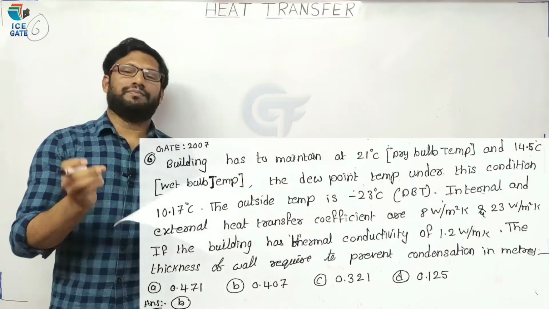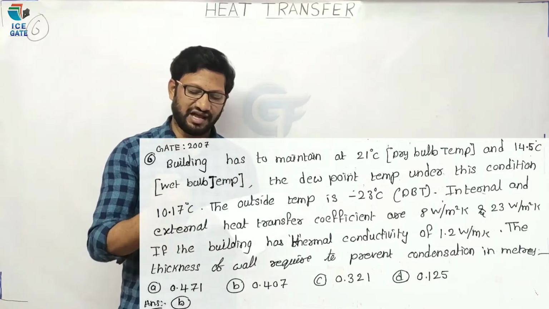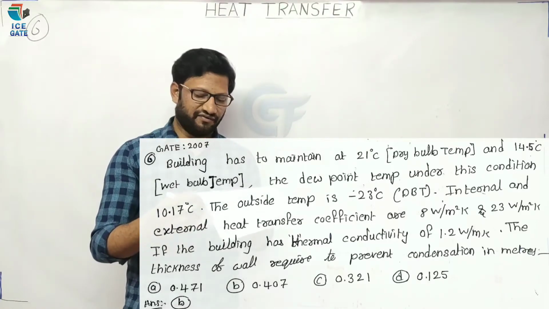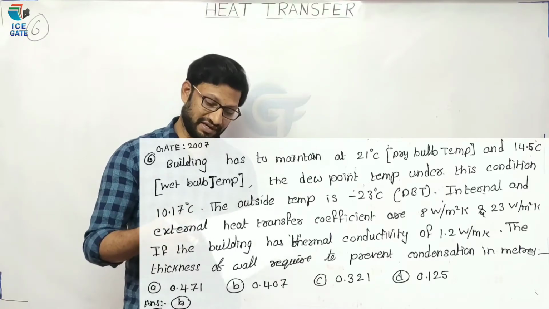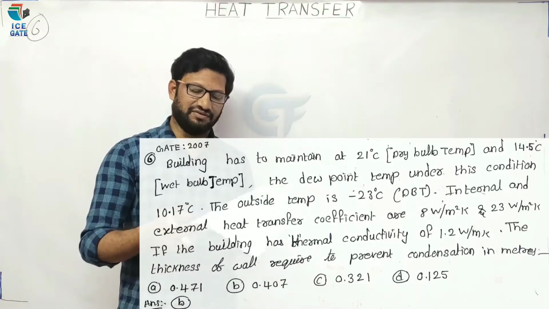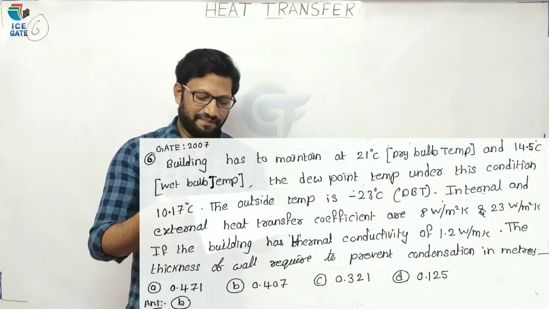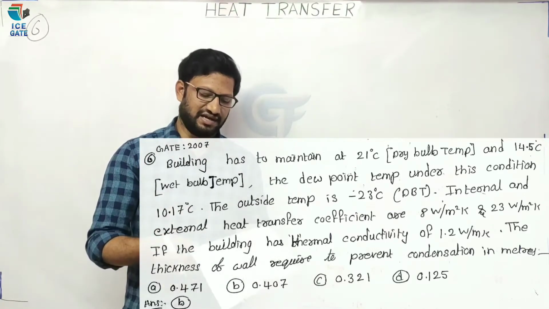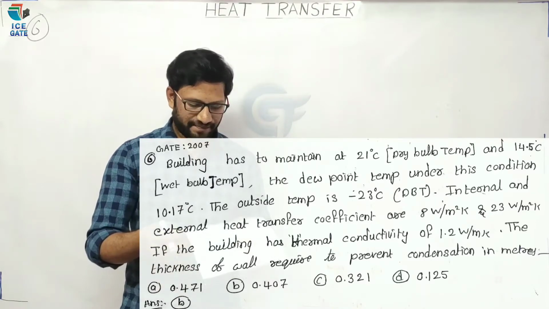A building has to maintain 21 degrees centigrade dry bulb temperature and 14.5 degrees centigrade wet bulb temperature. I will explain why he has given dry bulb temperature and wet bulb temperature. The dew point temperature under this condition is 10.17 degrees centigrade.